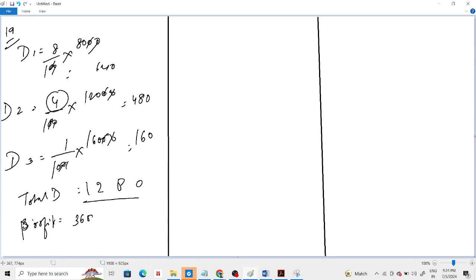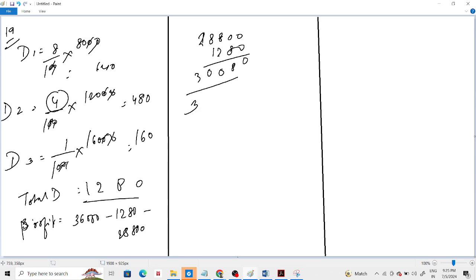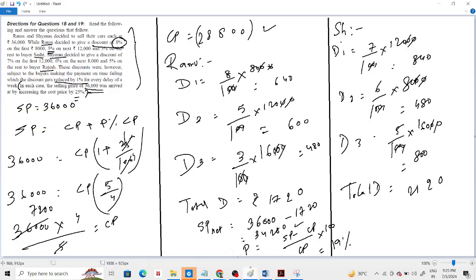Profit is SP minus discount minus CP. Okay, the reason why I did this, because the calculation will become easier. $5920.